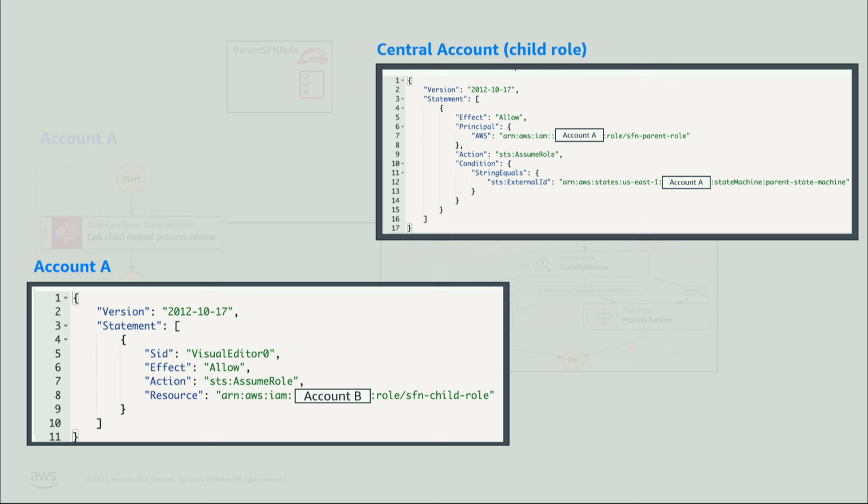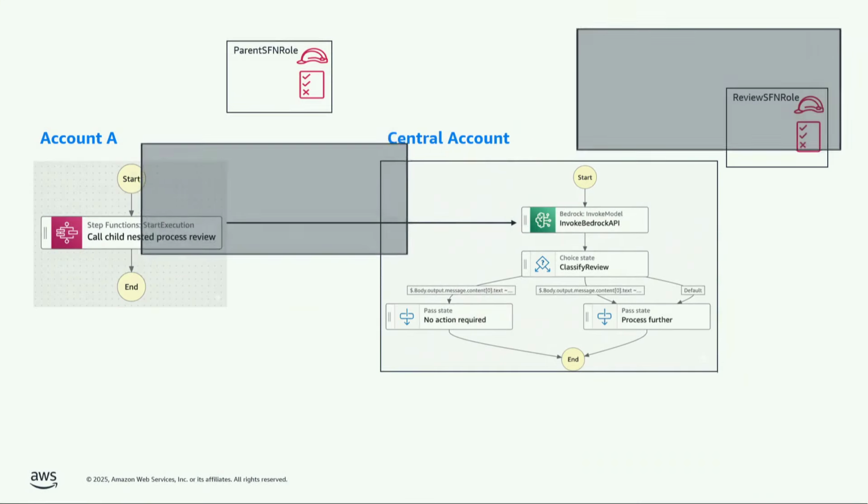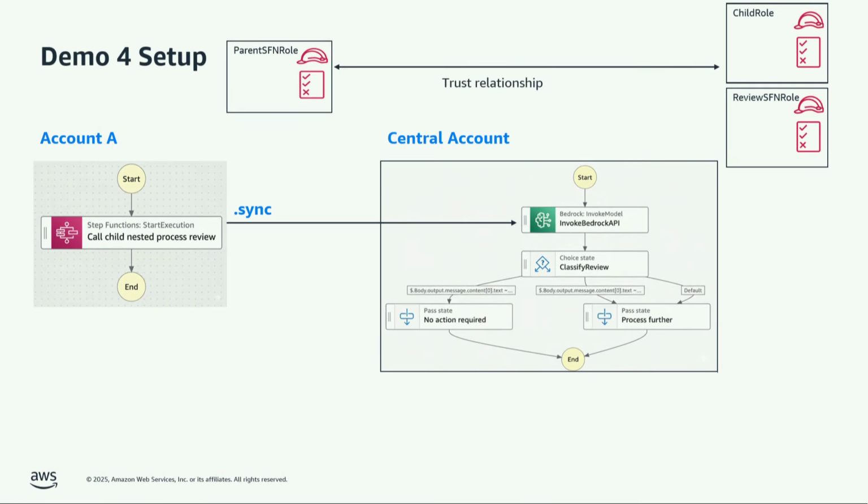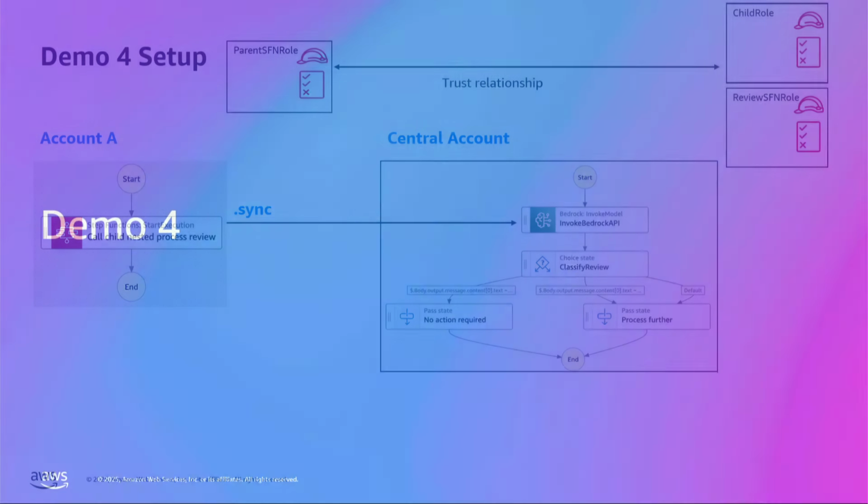And then you're also passing this conditional attribute into that just to avoid running into the problem called the confused deputy, where you're saying that only allow the assumption in case it's coming from this particular account or from this particular state machine. So once you do that, you're establishing the trust relation. So this is how the setup looks like.